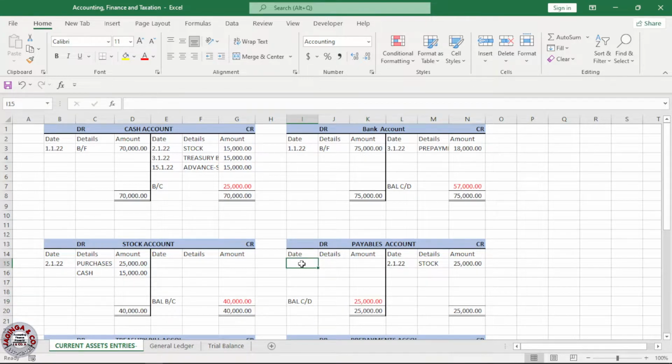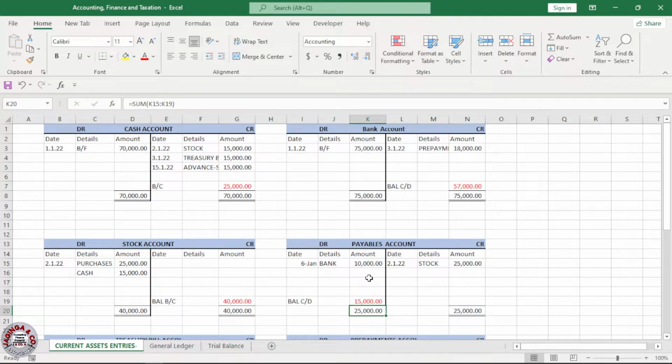Let's assume that on maybe 3rd or maybe 6th of January, 6th Jan, from bank, you paid 10,000. So now you are reducing the value of this liability. You are debiting the account. So the amount remaining here, the balance carried down, will be 15,000.